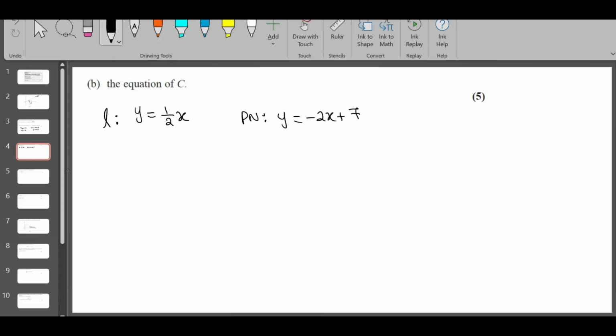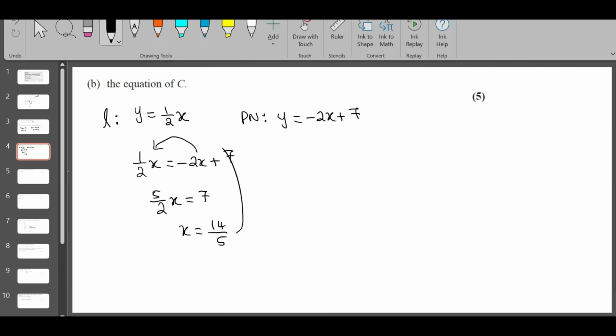Equate them to find the point of intersection: half x is equal to minus 2x plus 7. Bring this here, half plus 2 is 5 over 2, x is 7. So x is going to be 14 over 5.